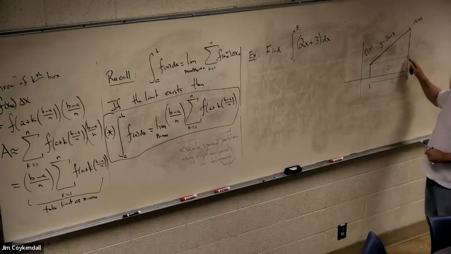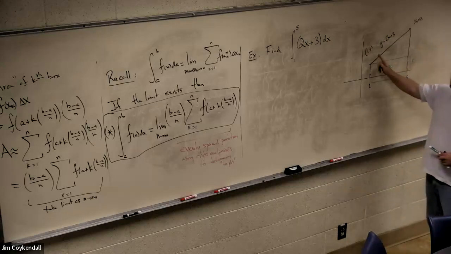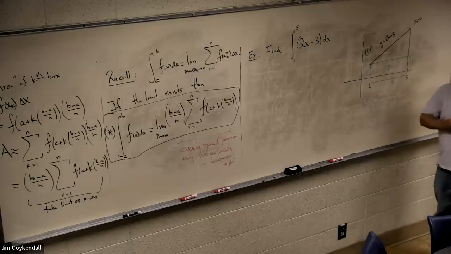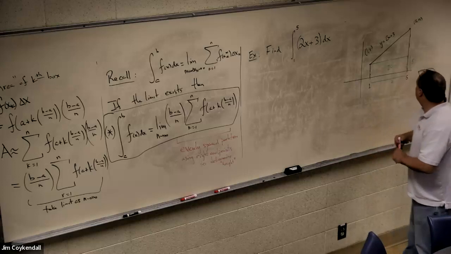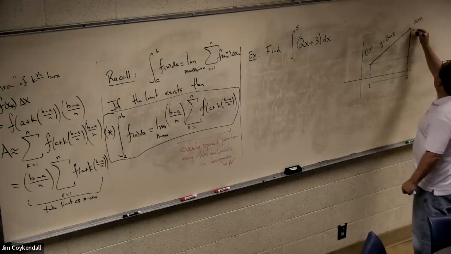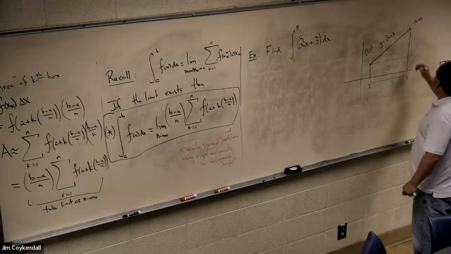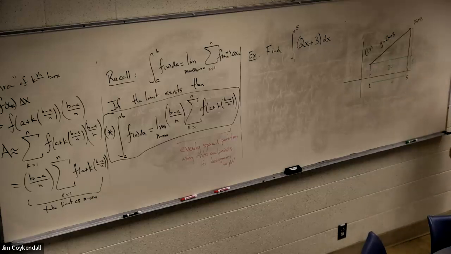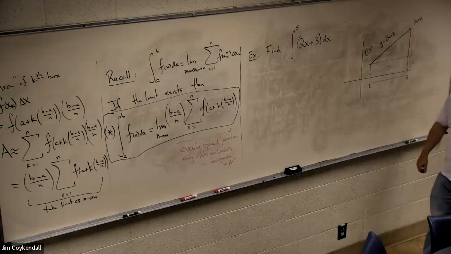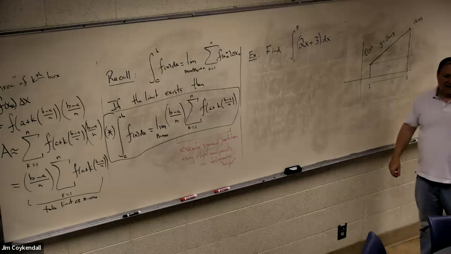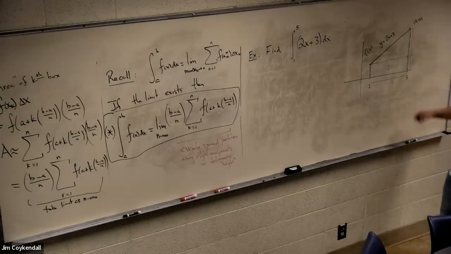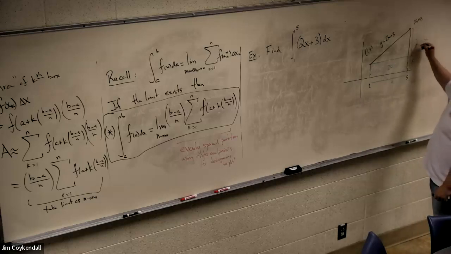Well, the height here is the same as the height here. Okay, what about the triangle? What's the height of the triangle? Oh, there you go, 13 minus 5 is 8.